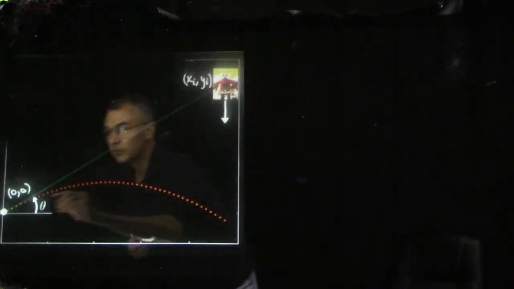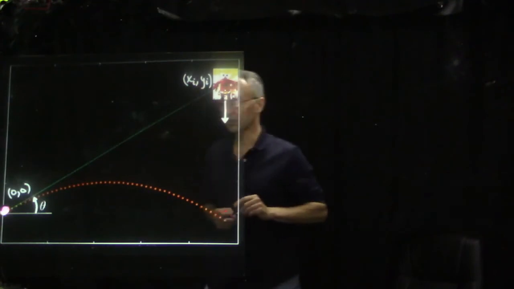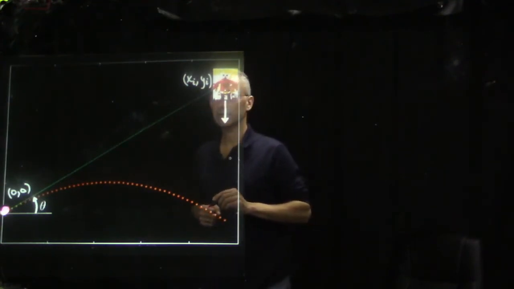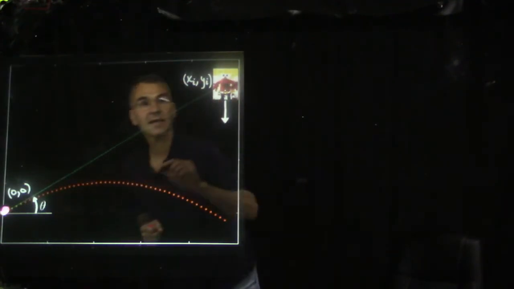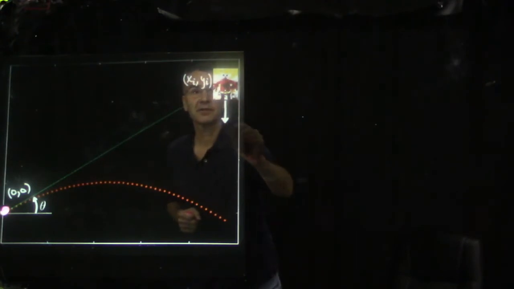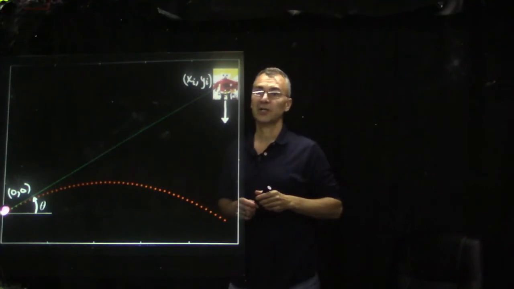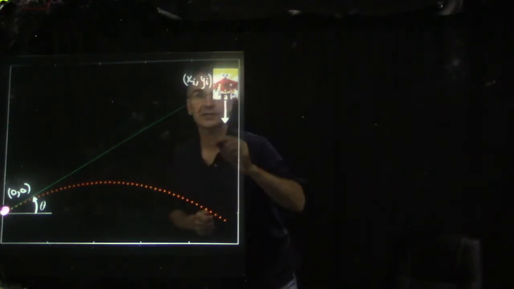So let's call this position 0, 0, x equals 0, y equals 0. And then we're going to call the initial position of Mr. Bill x initial, comma, y initial.